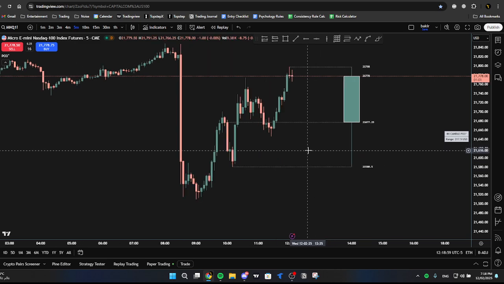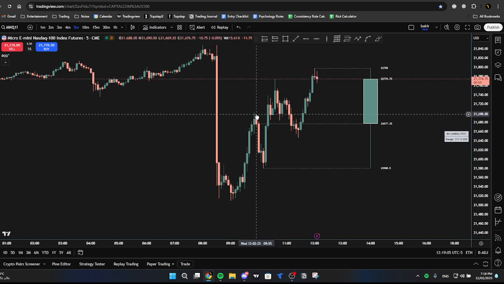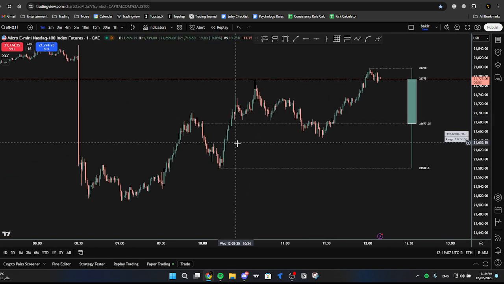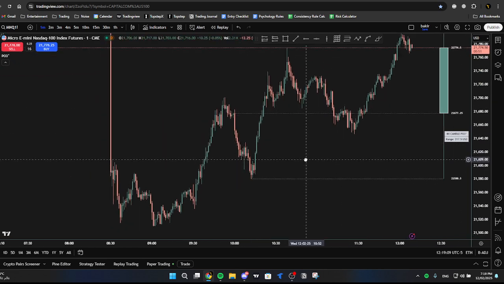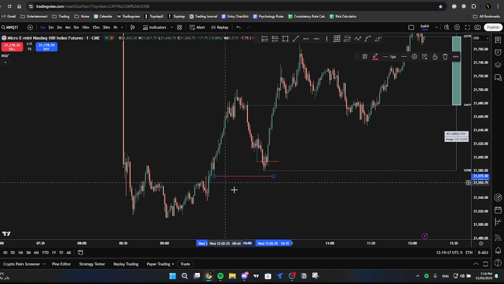So what we did is we went from internal and then we swept, or almost swept, this, and we were also gonna take this. I'm sure there's an SMT here somewhere.